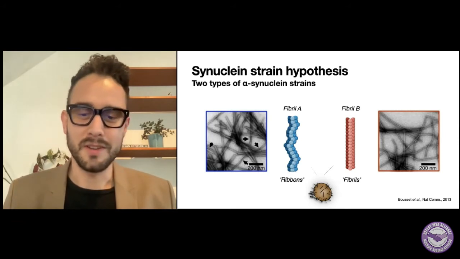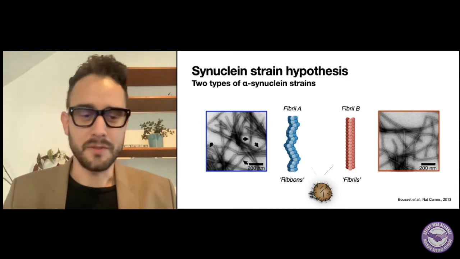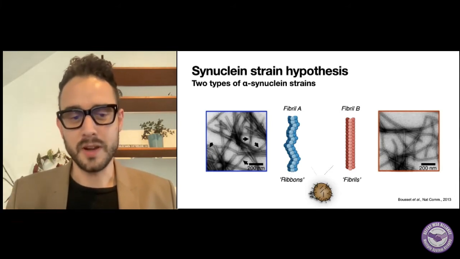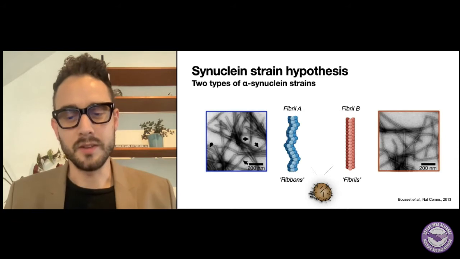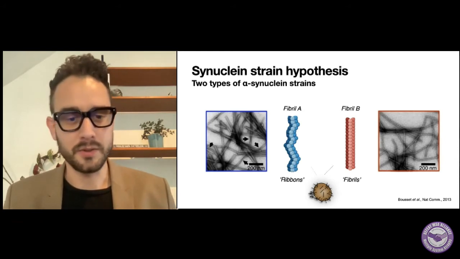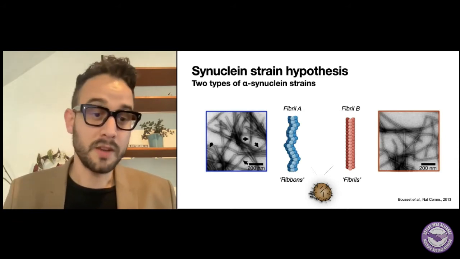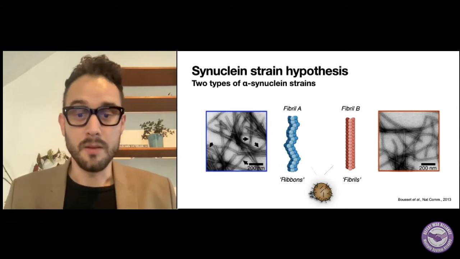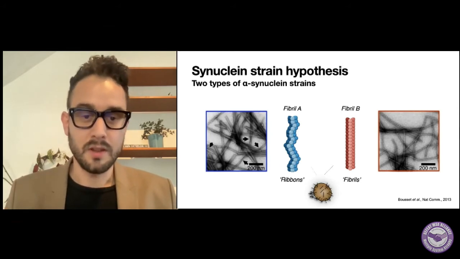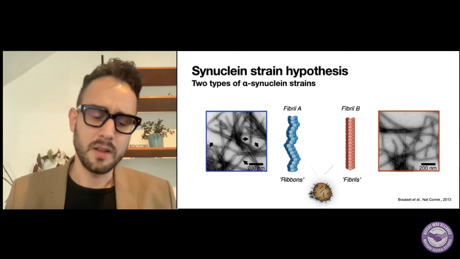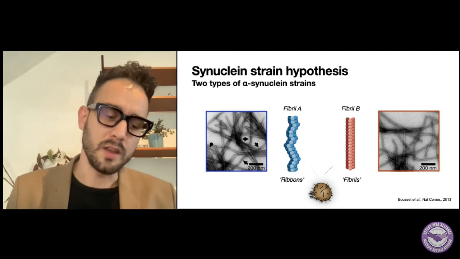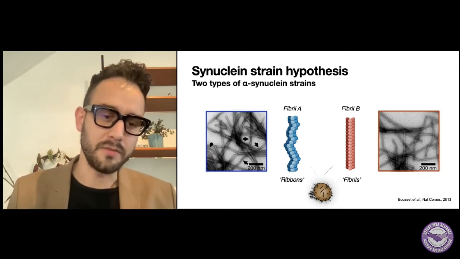So this really shows his determination. He really disappeared for several months, and he tried to assemble these different types of fibrils within a test tube. And he actually succeeded in this, and he was also able to show that these filaments, these fibrils, had very different structures and very different biochemical and biophysical features.